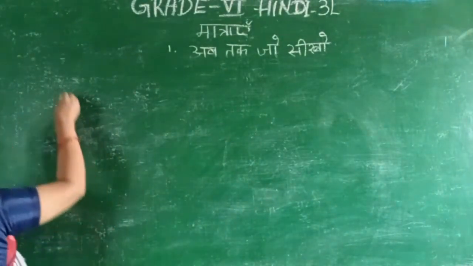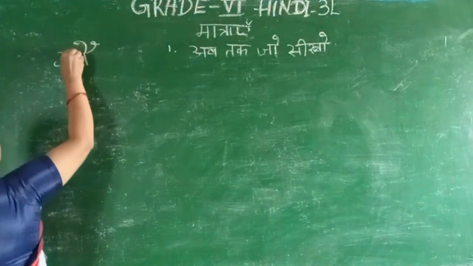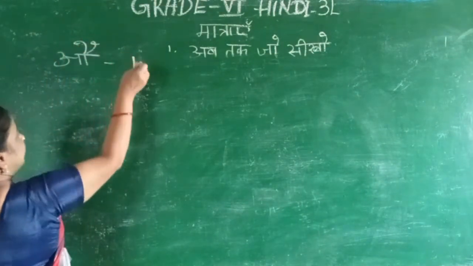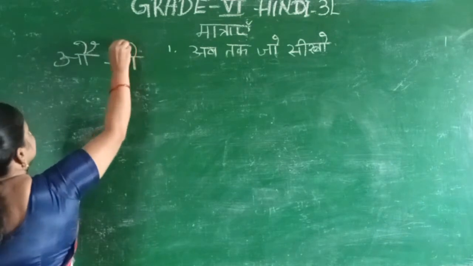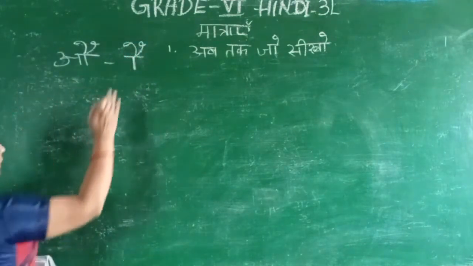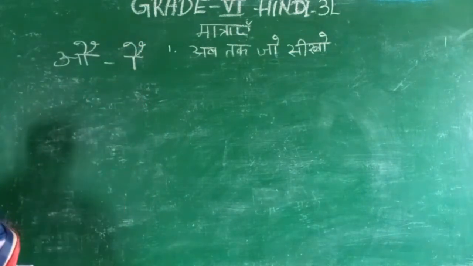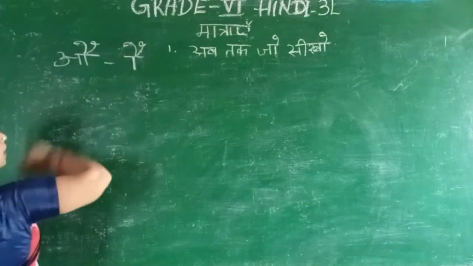Au ki matra. You know that symbol? How? You put a standing line and above you put two matras like this. In the previous O ki matra, simply one matra, and in Au ki matra, put two matras here.